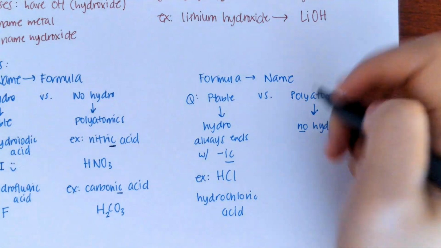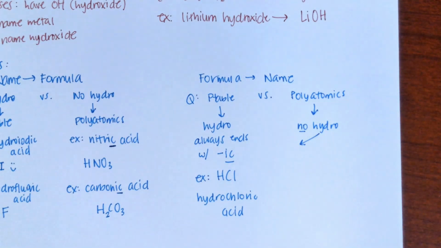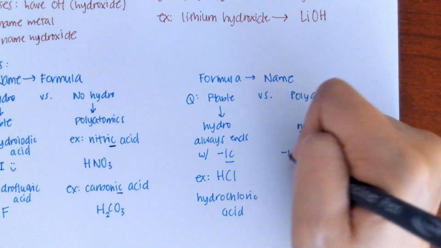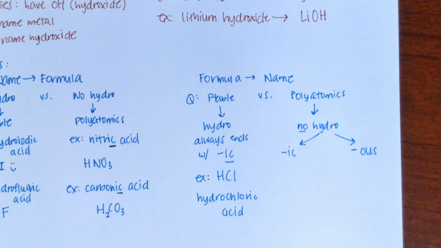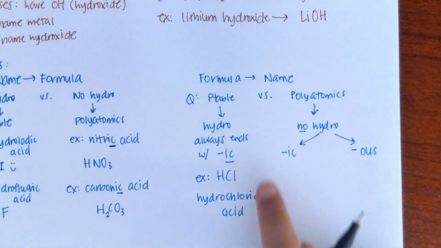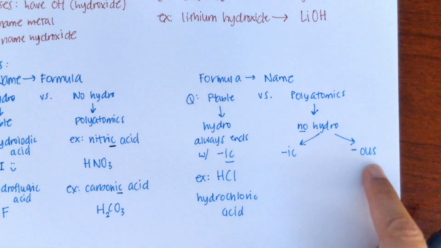Alrighty, the polyatomics. The ending is either ic or what? Us. Well, ic is with ate and ite is with us.